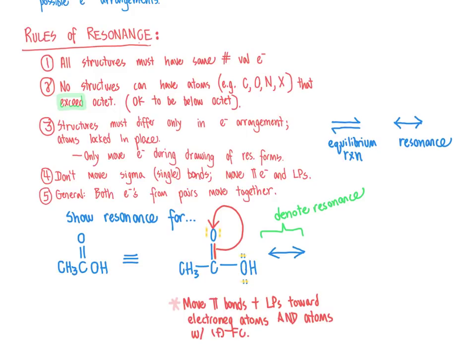So we're showing that the pi electrons are moving from being a pi bond connecting carbon and oxygen to being 2 electrons situated just on the oxygen atom. We're going to draw this second resonance structure, and once we've drawn it, we'll make sure it fulfills the criteria for the different rules of resonance.